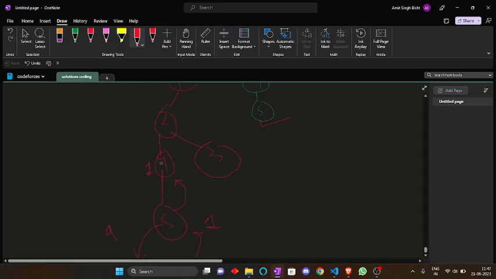From four I go back to two, so there should be a recursive call for three. I know three is a leaf node, so the apple should fall from that node. So I have to return one because there is one possibility.